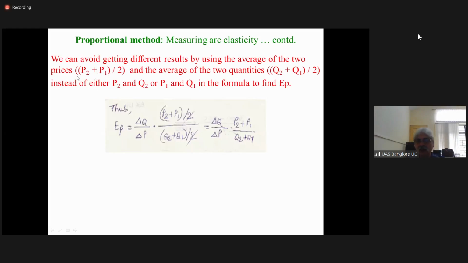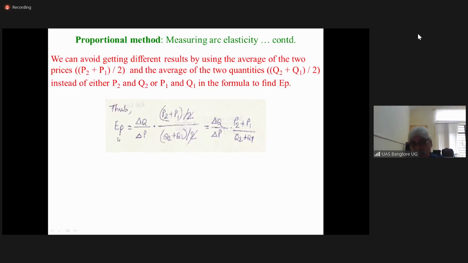So the average of the two prices and the average of the two quantities, instead of either P2 and Q2 or P1 and Q1. Because earlier we took P2 by Q2, and in the next one we took P1 by Q1. Instead of that, you take the average of two prices and the average of two quantities.